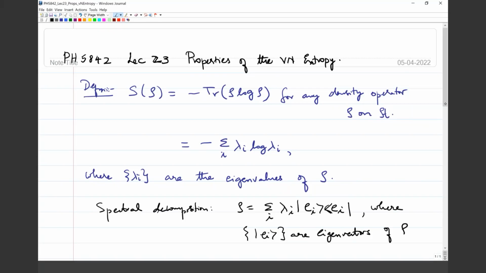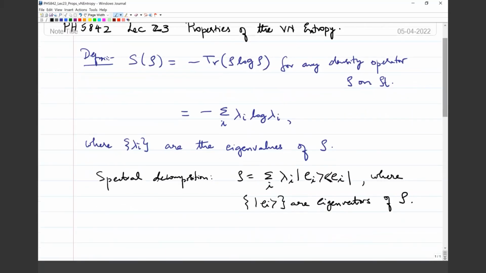So the e_i, of course, constitute an orthonormal basis for the space in terms of which you can evaluate the trace, right? So this is an equivalent way of defining the von Neumann entropy, right?